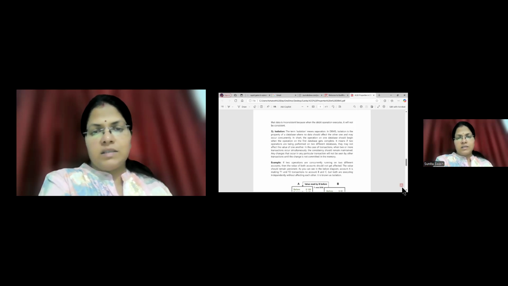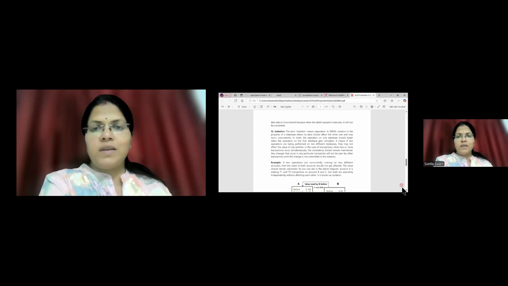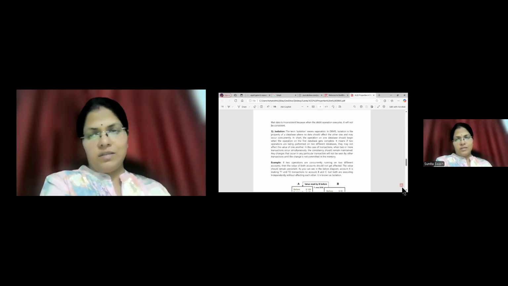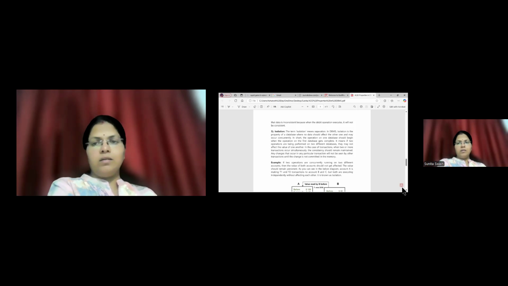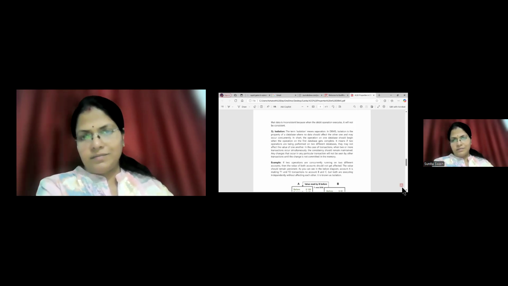In the case of transactions, when two or more transactions occur simultaneously, the consistency should remain maintained. So any changes that occur in any particular transaction will not be seen by other transactions until the change is committed in the memory. Like suppose one example, we are having 100 rows in the database and I have performed a certain deletion or insertion operation.